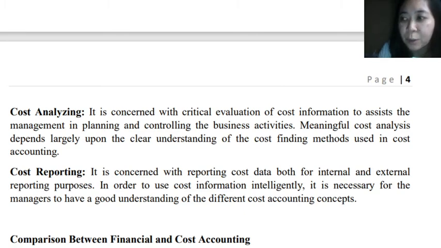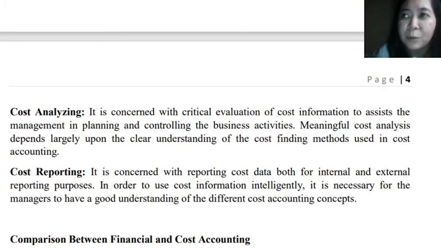After determining the cost, we will record it in the books of our accounts, and the cost accountants will generate cost data or information. This cost data or information will be used by the management for decision making. So this is where cost analyzing comes in.